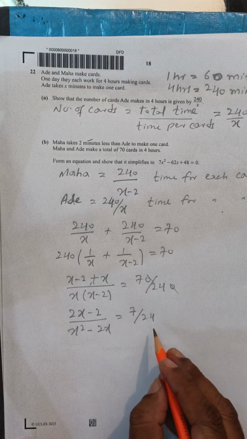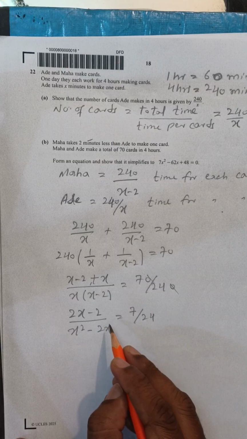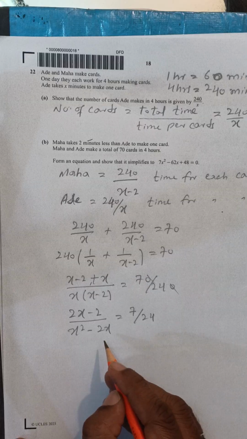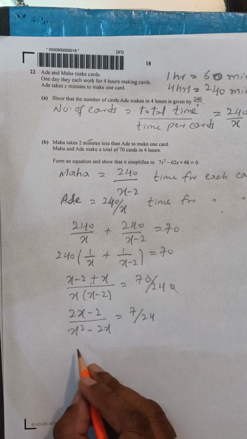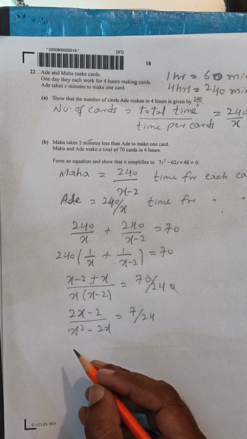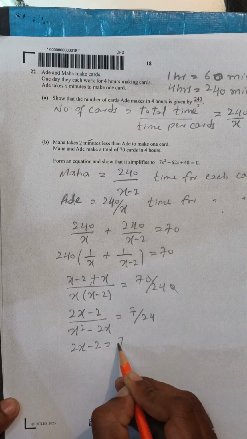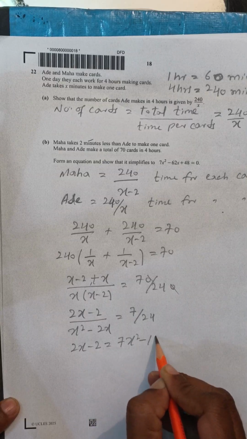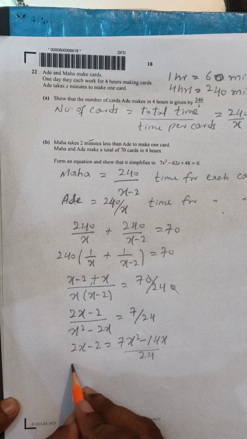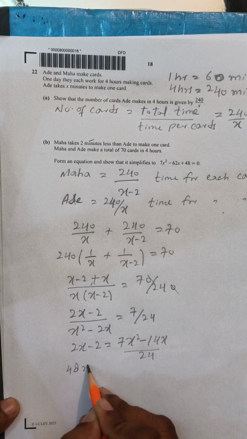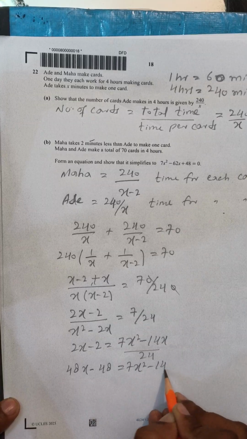Multiply across: 2x minus 2 times 24 equals 7 times x squared minus 2x, which is 7x squared minus 14x. 24 times 2 is 48x minus 48 equals 7x squared minus 14x.